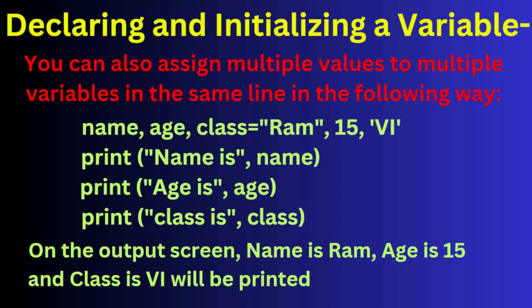Now we print the name variable, and the age we call from the age variable. We print it by using print. We put class is, then after comma we use class. So the class is displayed on the screen.